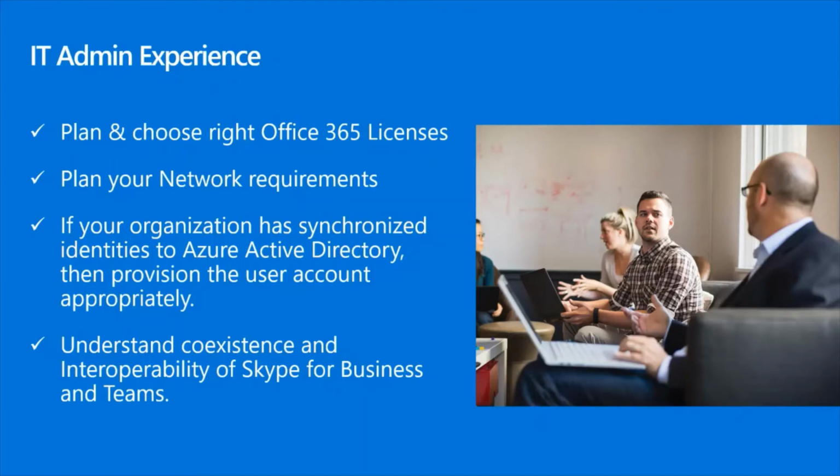Now, plan your network requirements. As Teams is real-time communication, this is where we need to invest a little more of our time in terms of planning. I have added some firewall and DNS requirements at the end of the presentation. Please go through them. Also, please go through the section which talks about VPN requirements, how to set up call quality, and split tunneling when you have VPNs in your organization.